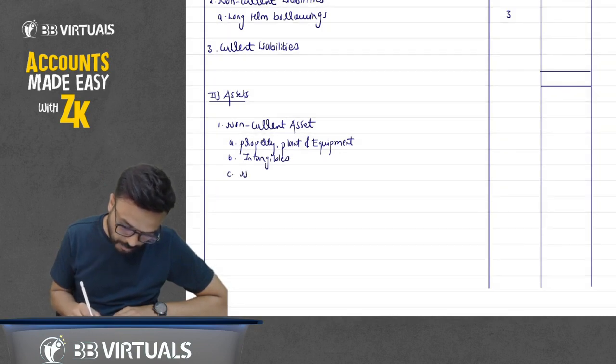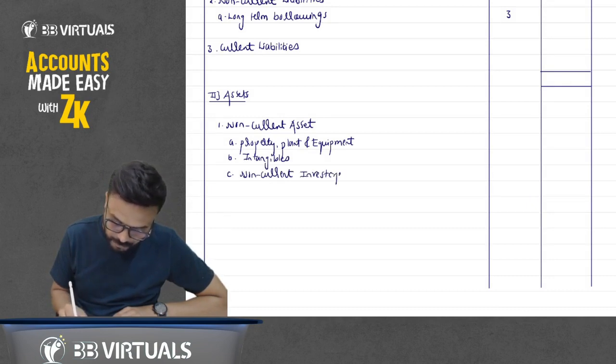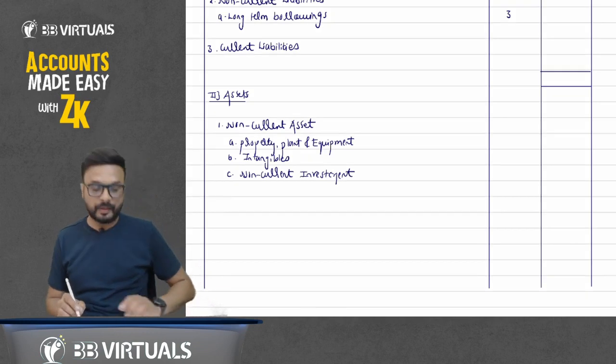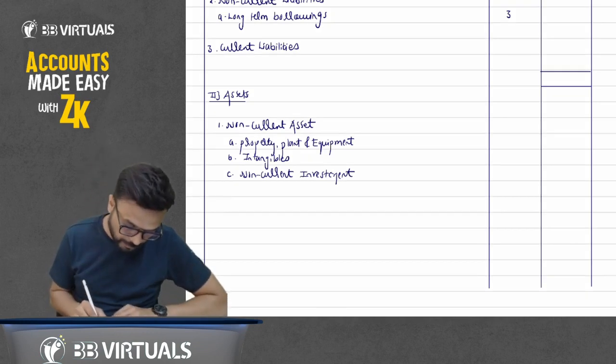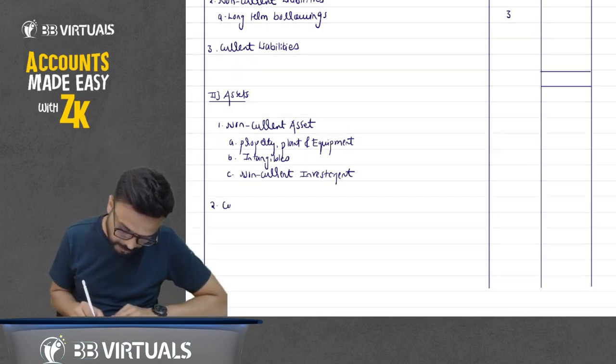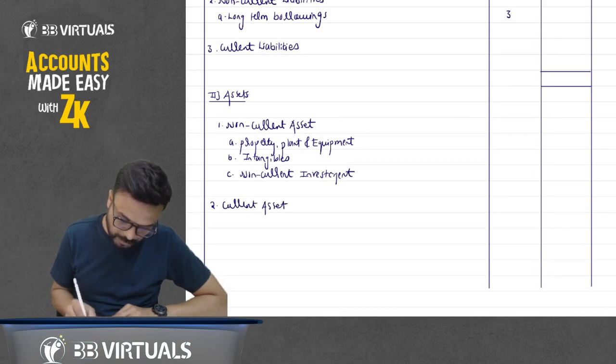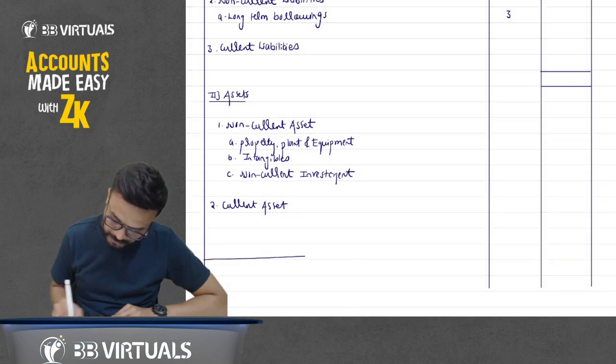Third, non-current investment. Then current assets. In current assets, keep the space for 2, 3 lines, then total.